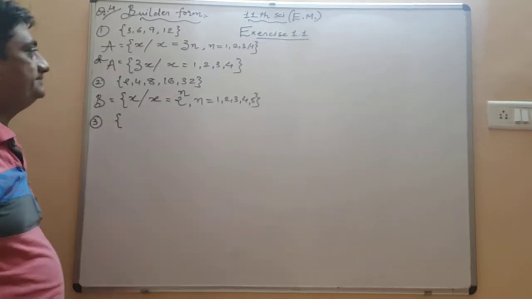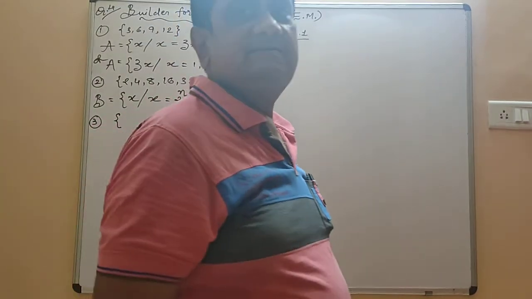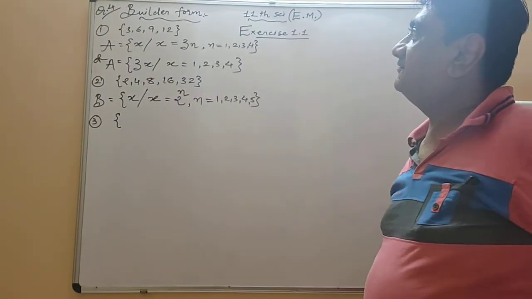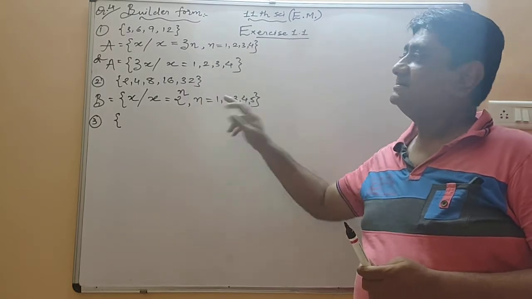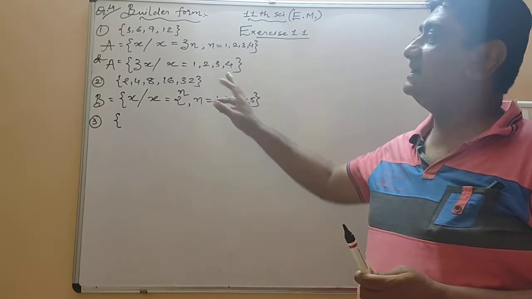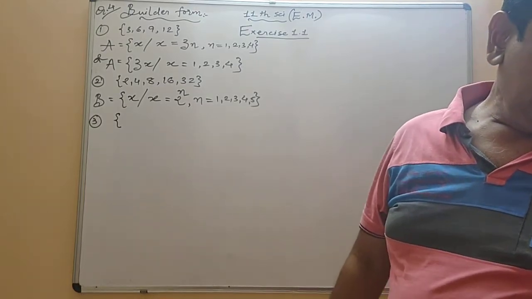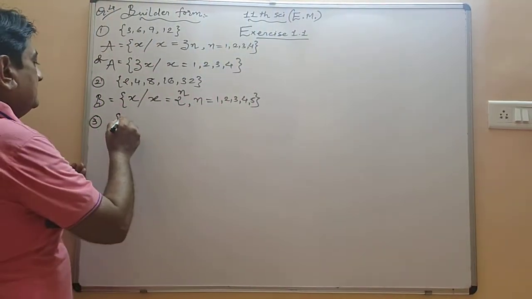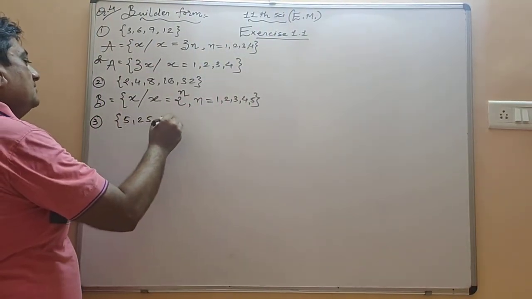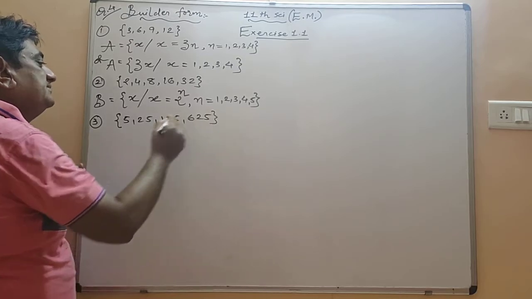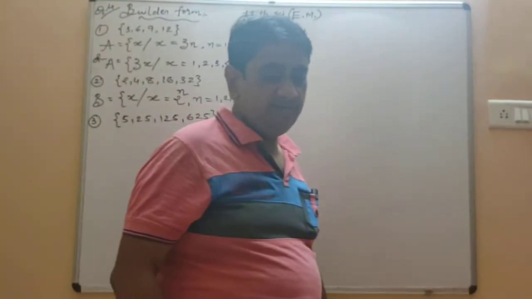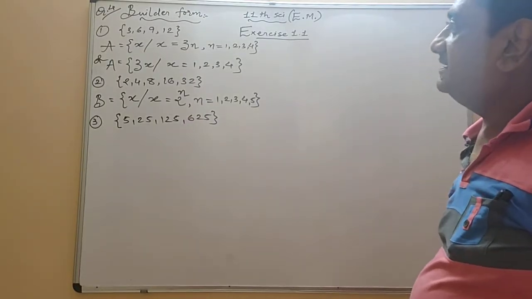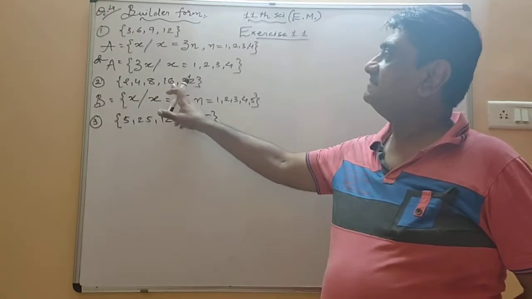So first sum and second sum are based on numbers and are in builder form, right? Some property is connected with this set. Now question number 3: 5, 25, 125 and 625. It is the same as the second sum.